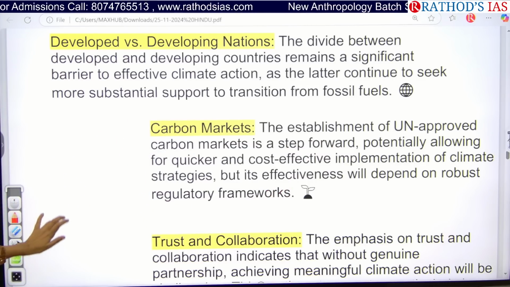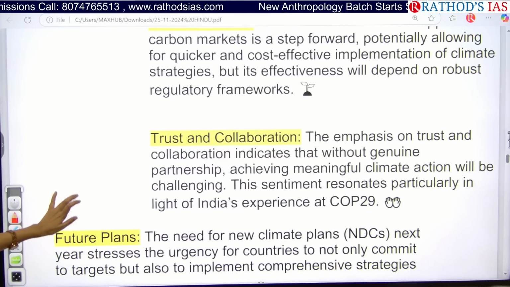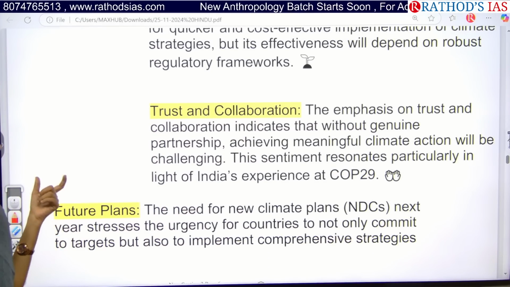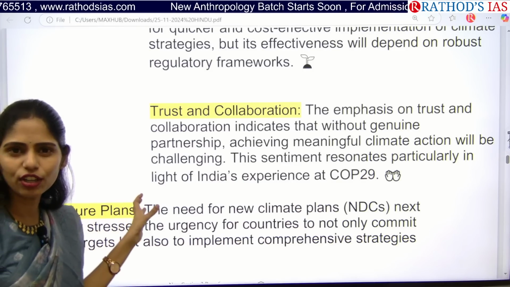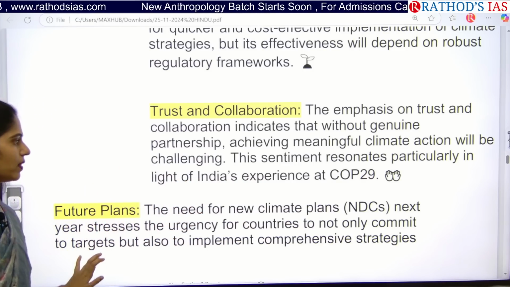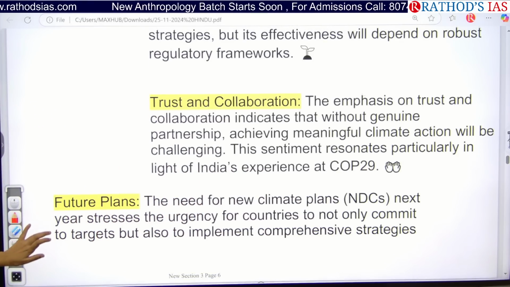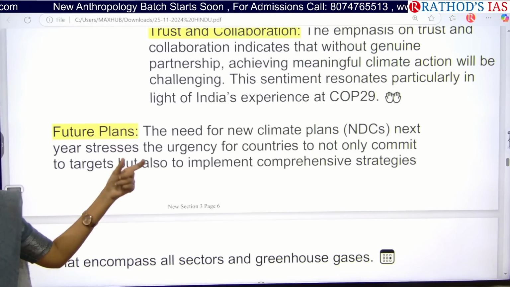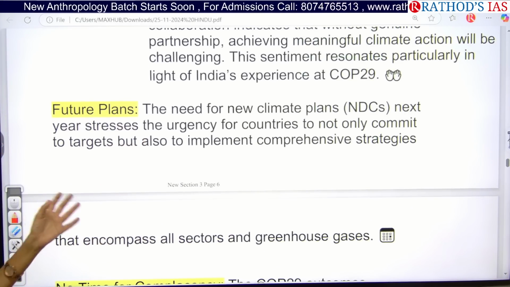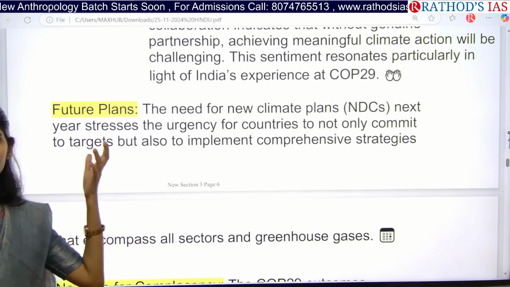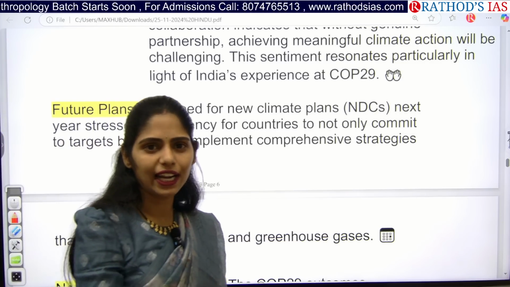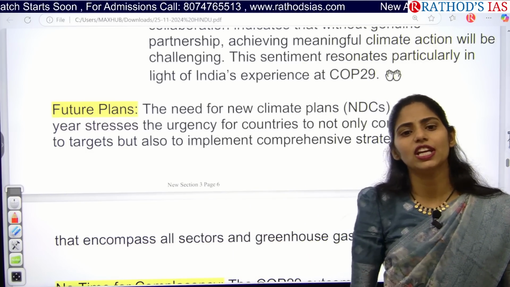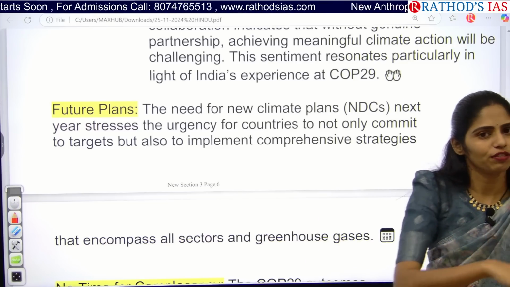And next, we also need to focus on trust and collaboration. We need a proper, genuine partnership with the countries so that this kind of climate action will be meaningful. And next, we need to come up with a new climate plan so that countries will be committing towards their targets so that we can address climate change. Until and unless countries have proper climate targets, we can't achieve this, because climate change is increasing at a much faster pace compared to earlier years.